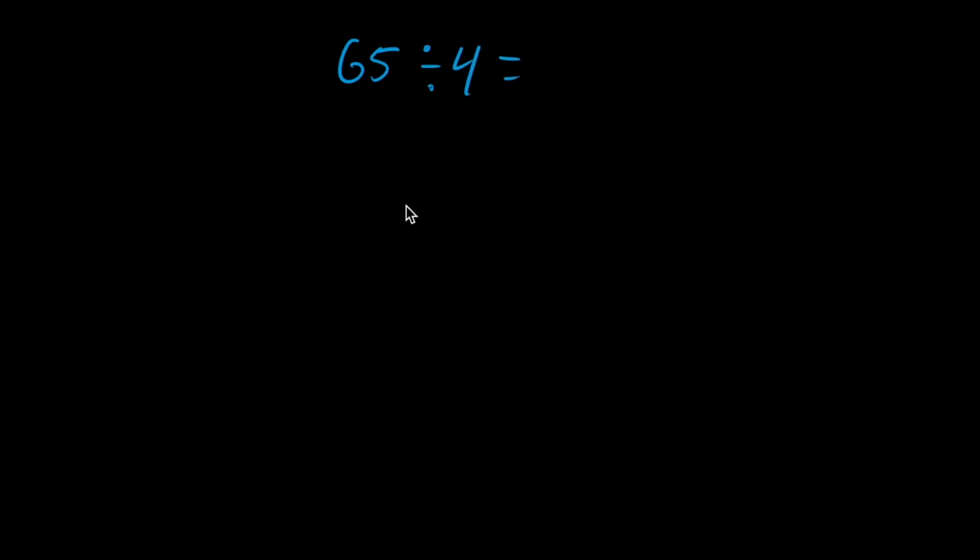Now, let's say you have, let's write 65 divided by 4. So the first thing is to write your long division symbol. Let me write that a little bit better. Now, the 4 goes outside, 65 goes inside.